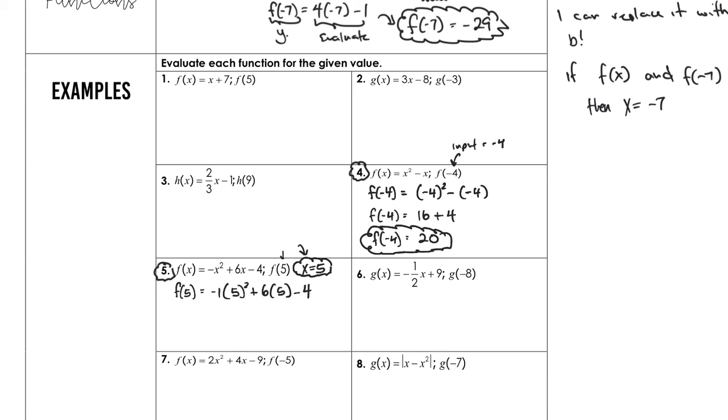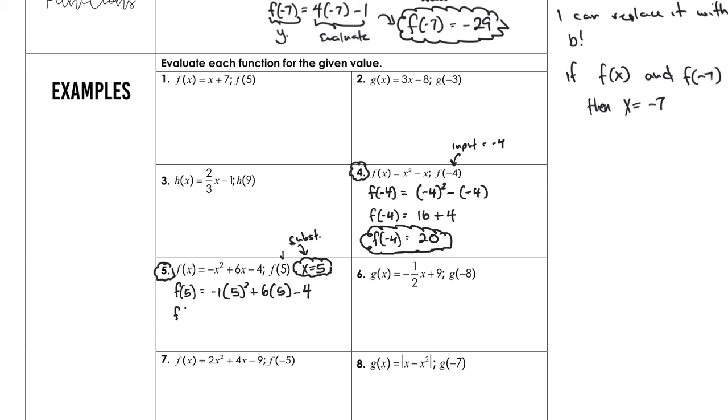So this is where the substitution comes into play. f of 5 is like saying, hey, x equals 5, so we go ahead and substitute it in. And that's all it is. There's nothing more than that. We just evaluate functions. There's a couple other things we can do with them, like putting them together, but most of the time when we're dealing with functions, we're just going to be evaluating them.